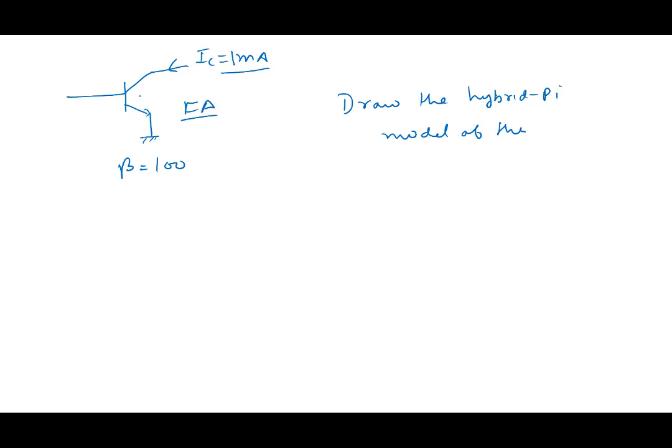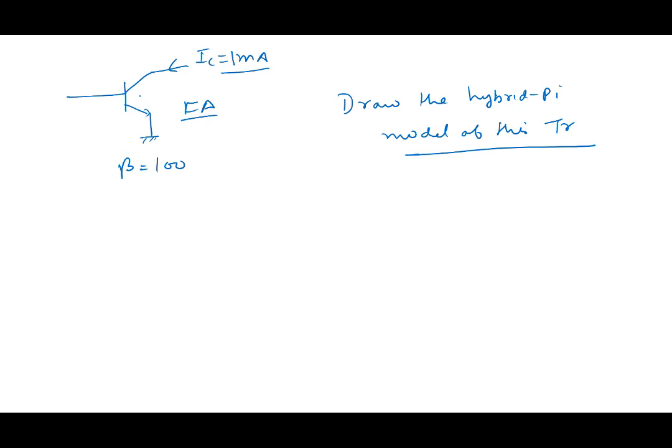The transistor is biased at a current of 1 milliampere, it is in forward active mode, and beta is 100. Draw the complete hybrid pi model of this transistor.